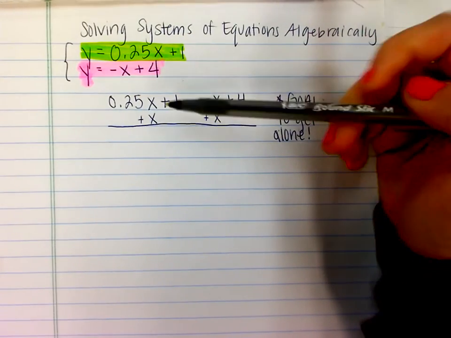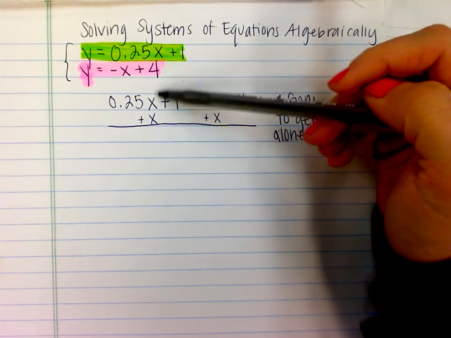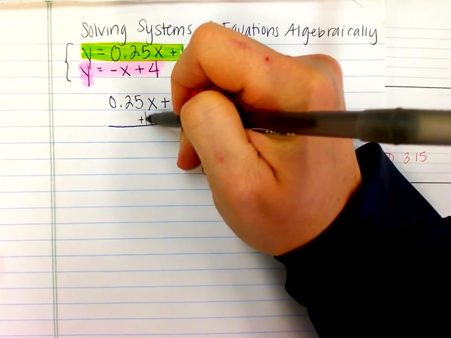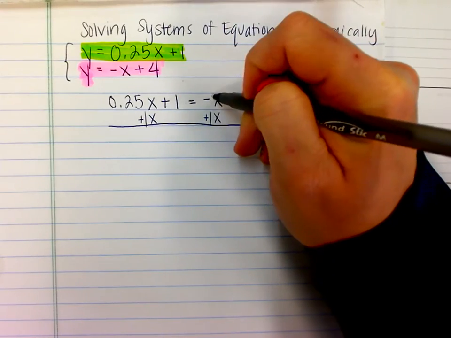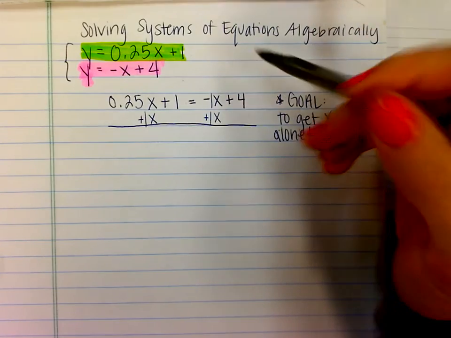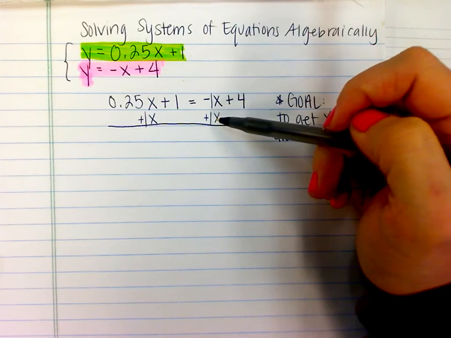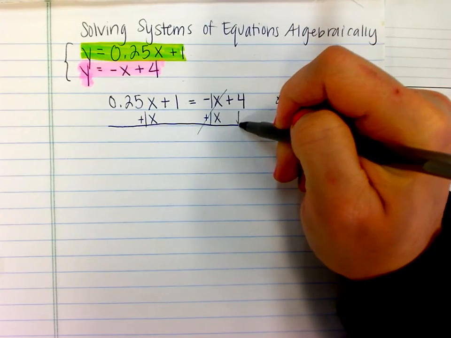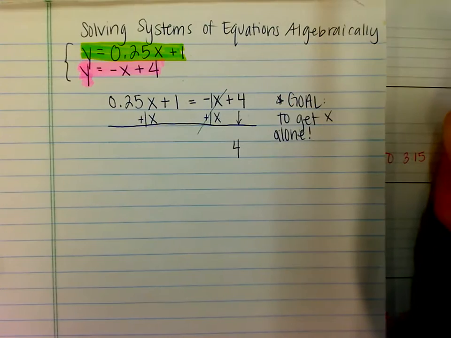You'll notice that this is 0.25x, so it's not a whole x, and this is 1x, right? So negative 1x plus positive 1x, those cancel. I'm left with just 4 on the right side.